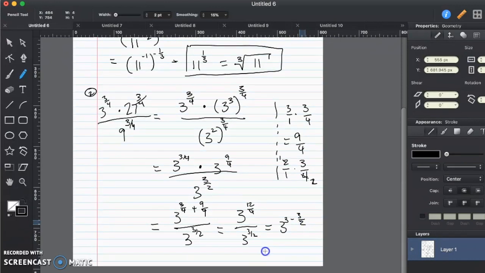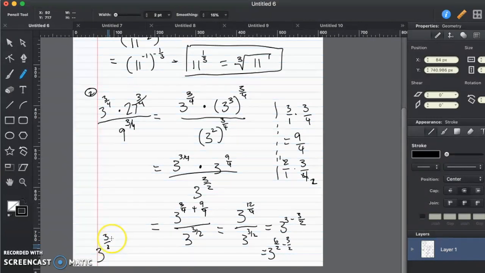Sorry, this is getting so jumbled up here, but I'm going to convert this. I'm going to find a common denominator, right? So I'm going to have 6 over 2. Yep, that'll give me 3, minus 3 over 2. So I converted this to make this. So my answer is going to be 3 to the 3 over 2.